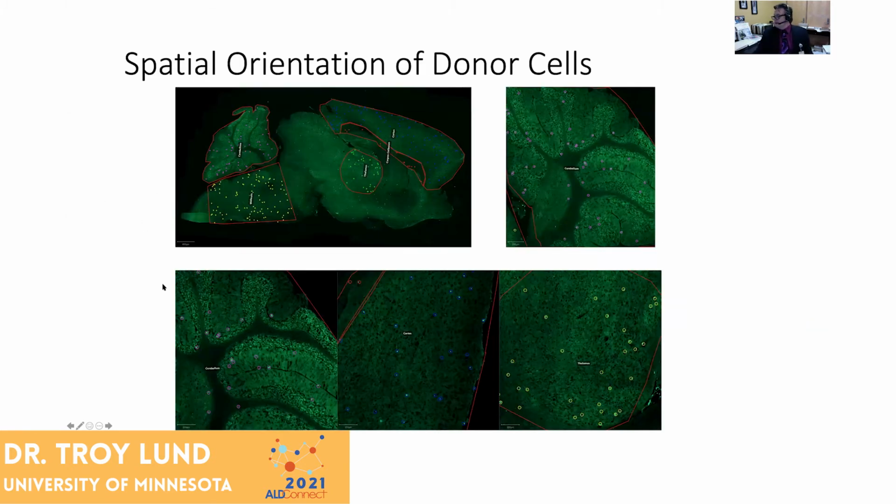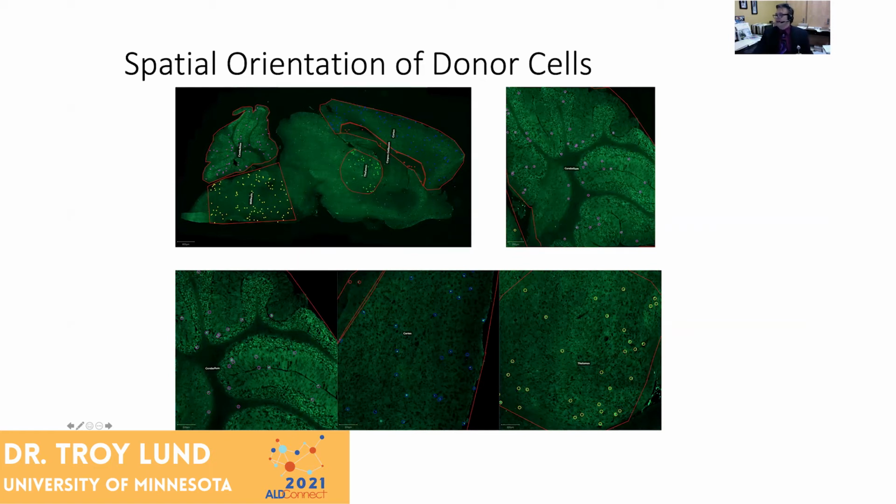Now this is half a brain, sliced down the middle, and then we just put it under the microscope, and we can actually count the green donor cells in various regions. Here we've hand outlined the cerebellum, the cortex, the thalamus, midbrain; corpus callosum is on another section.